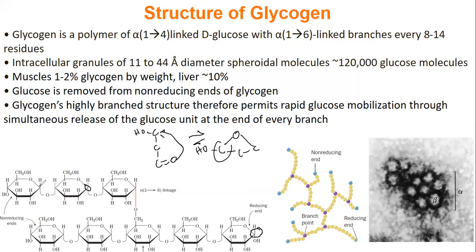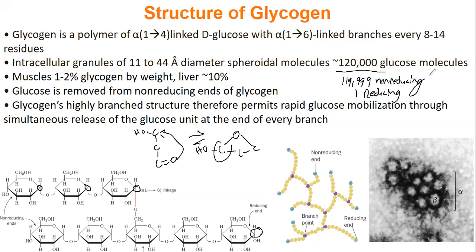For all the other sugars, they are all connected via their anomeric carbon, either 1,4 normal linkage or 1,6 branch linkage. So out of the 120,000 glucose molecules, 119,999 have their anomeric carbons bound. So they're non-reducing, because the anomeric carbon is bound. Exactly one molecule is reducing.